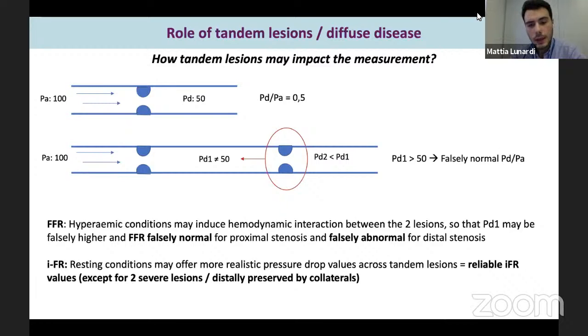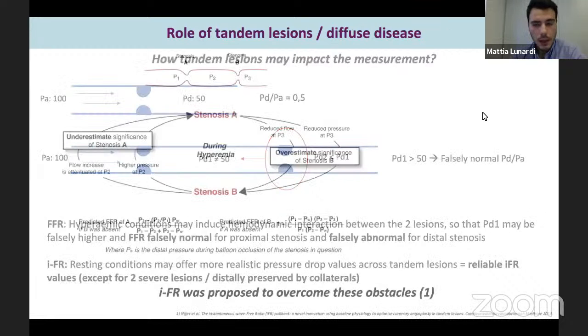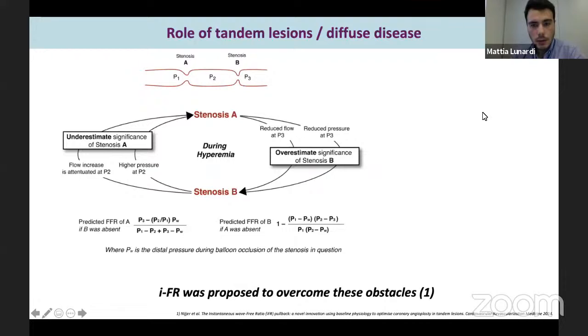But can you please go to the next slide? Yes. Some authors confirmed this theory, showing this scheme where we have exactly the situation that I just described. So we can have an underestimation of the functional significance of stenosis A, the proximal stenosis, and an overestimation of the functional significance of the distal stenosis if measured with the normal FFR.